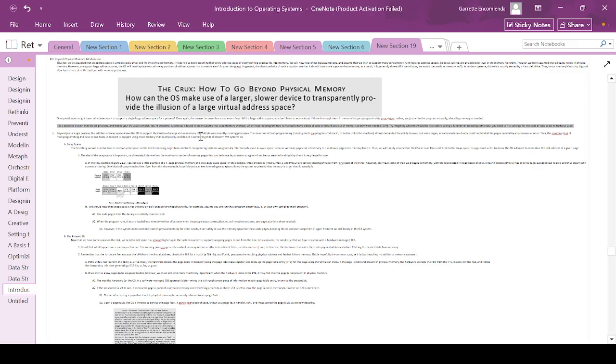Beyond just a single process, the addition of swap space allows the OS to support the illusion of large virtual memory for multiple concurrently running processes.